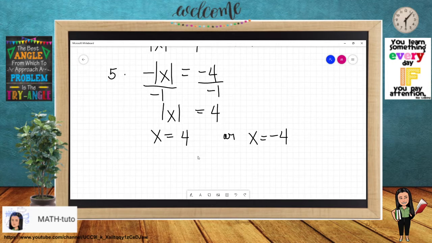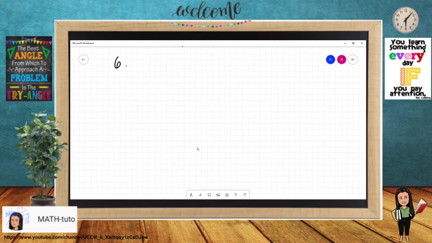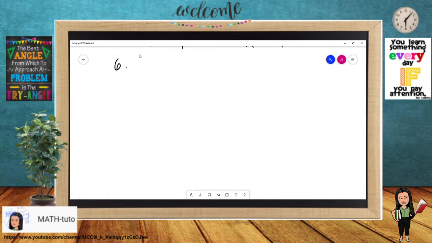Sige, let's have another example. We have absolute value of x minus 6 is equal to 8. Okay. So, this means that the absolute value of the quantity x minus 6 is equal to 8.